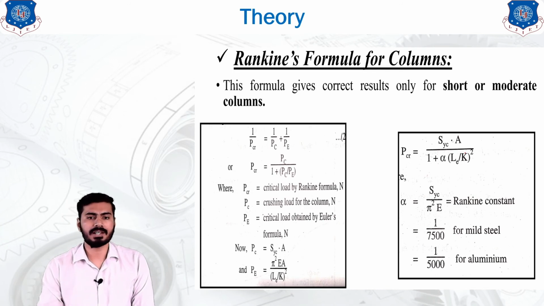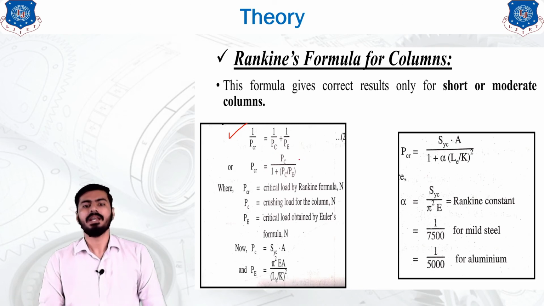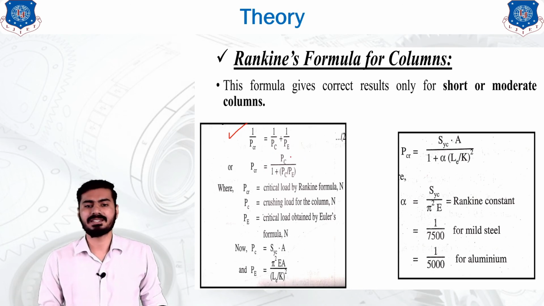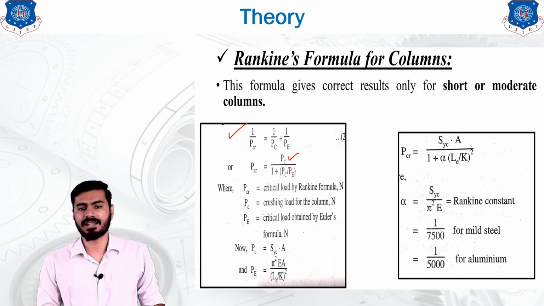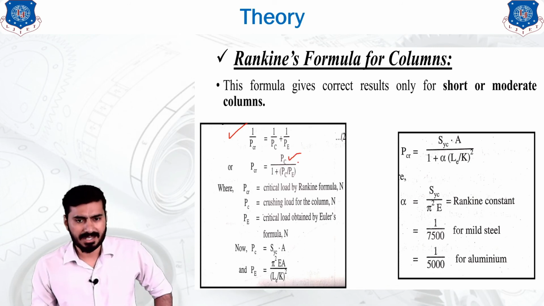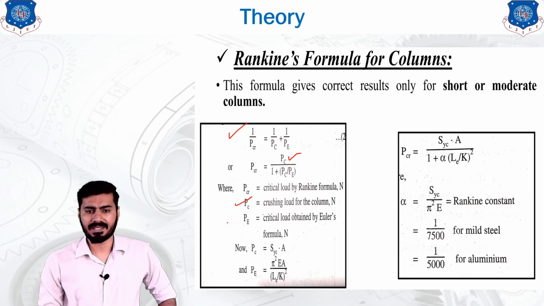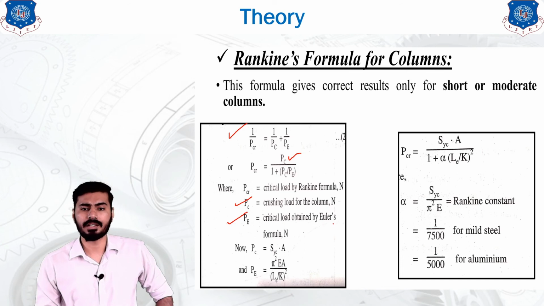The formula of Rankine's theory is 1 upon PCR equals 1 upon PC plus 1 upon PE. Taking the LCM, you will get PCR equals PC upon 1 plus PC upon PE, where PC is the crushing load for the column and PE is the critical load obtained by Euler's formula.